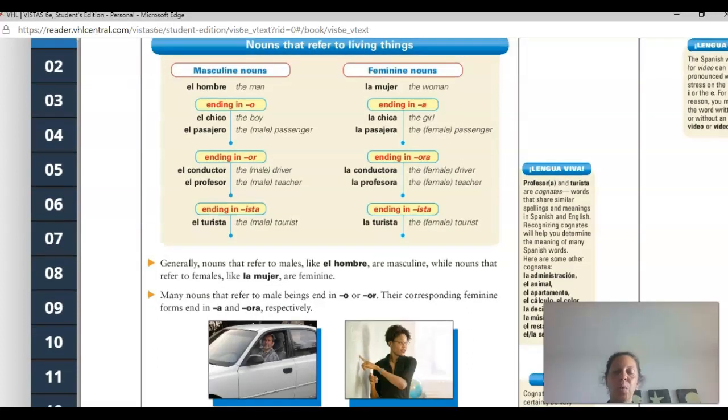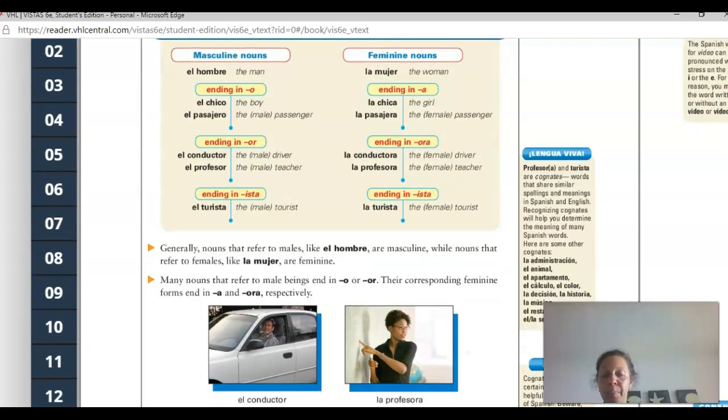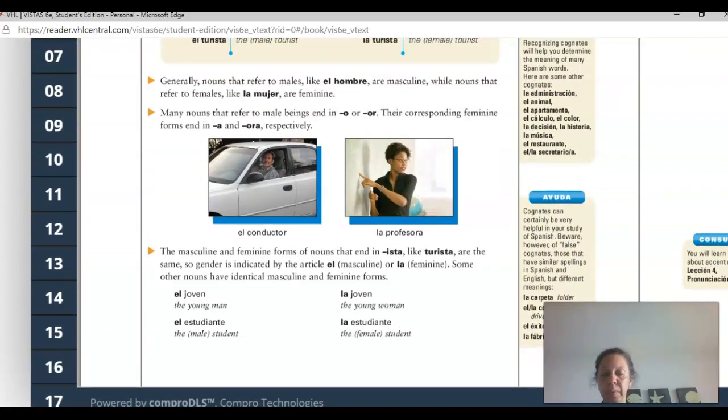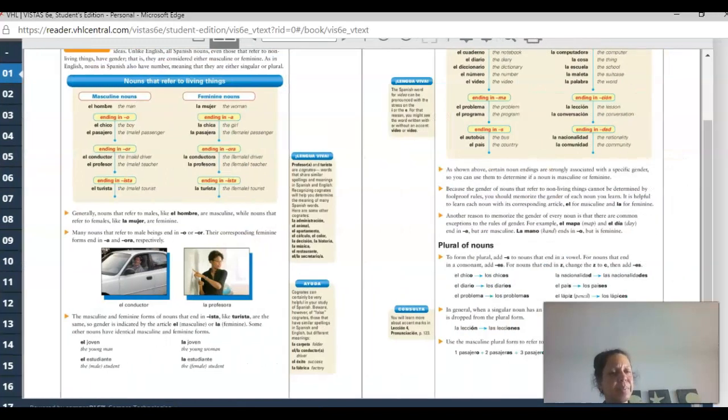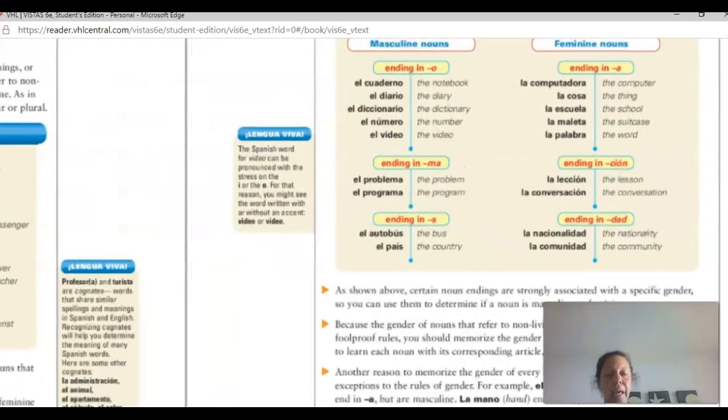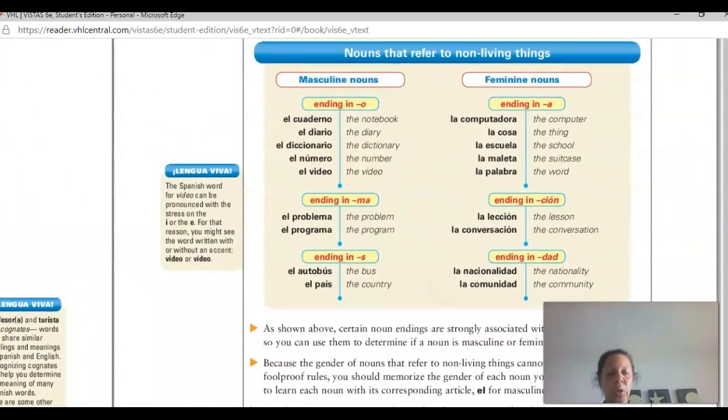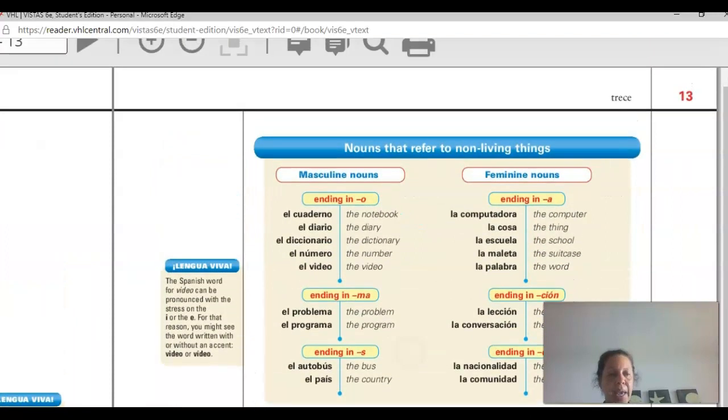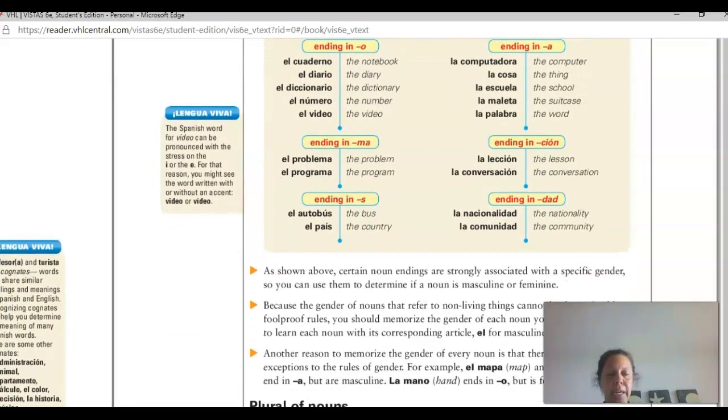Also, those words that are intended for people and they're ending with ista, they're going to stay the same for both. Turista, ¿verdad? Turista for masculine and for feminine, okay? Bien. So that's basically what we're going to start seeing on page 13, right?